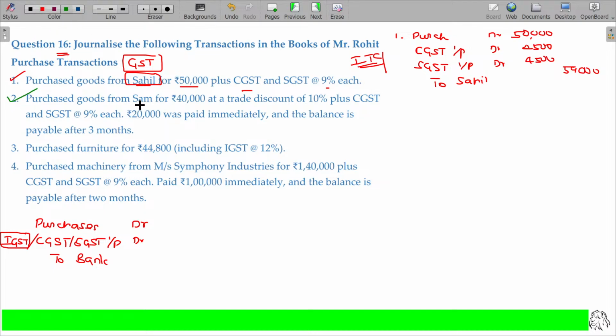Purchased goods from Sam for rupees 40,000 at a trade discount of 10% plus CGST and SGST 9% each.